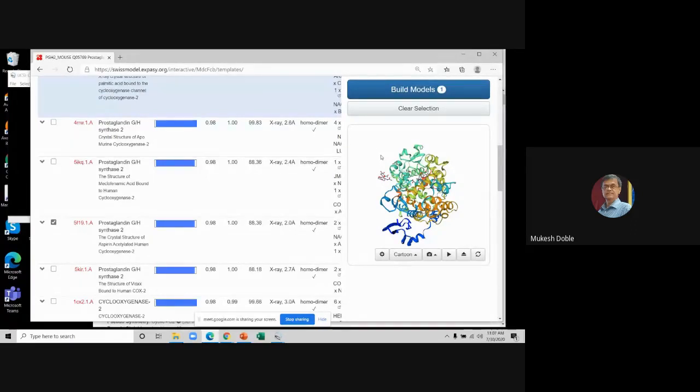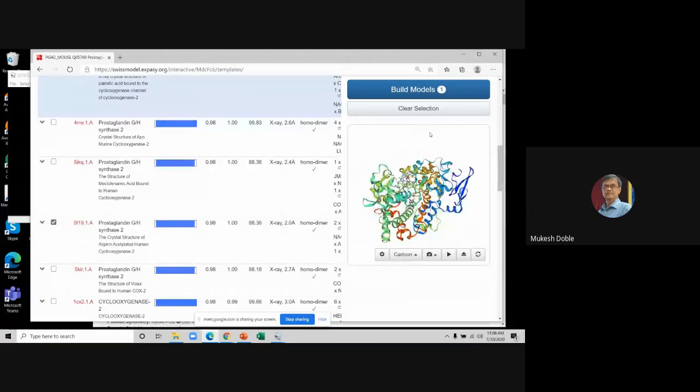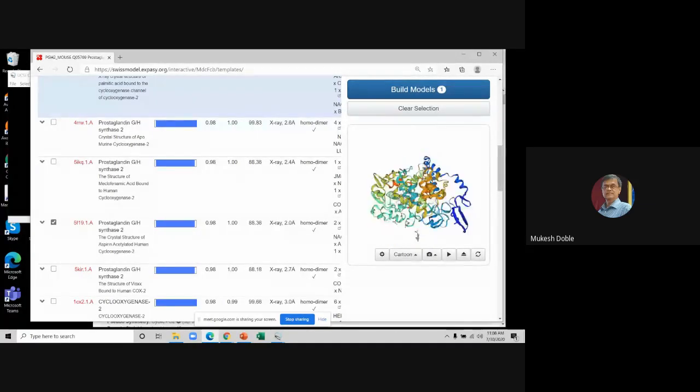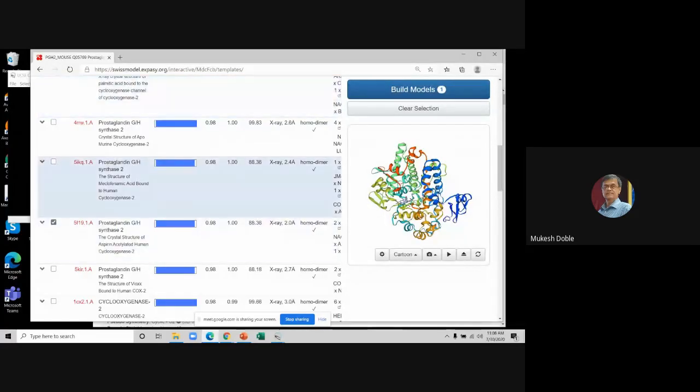Depending upon the research you are going to do, you select the particular template which matches. So don't just go by the percentage similarity, but select the protein which matches your research. So I may take this one. I will not take the 100% similarity; I am actually taking 88% similarity.